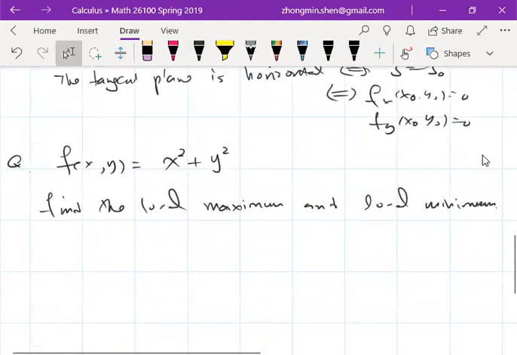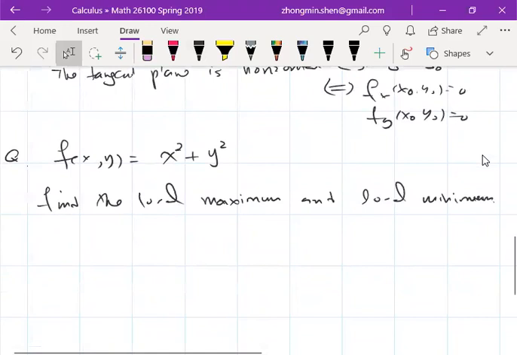All right, if the function has a local minimum at some point, then according to the above theorem, the partial derivatives must be equal to 0. So we find those partial derivatives first.